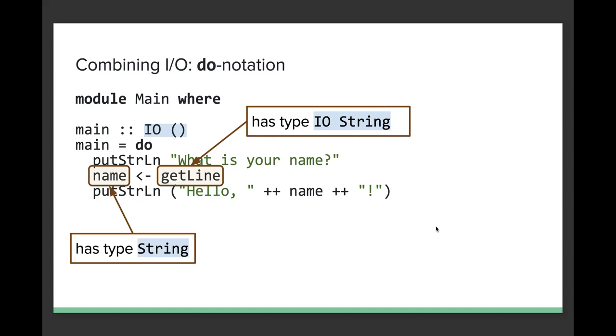On the left, we have a variable name which we bind the result to. So if on the right we have a program that returns a string, on the left we're introducing a new name, in this case called name, and its type is going to be just string. So this is a way to unpack: if you have a program that computes something, then you can extract the value from there, and then you can use it below. Yeah?